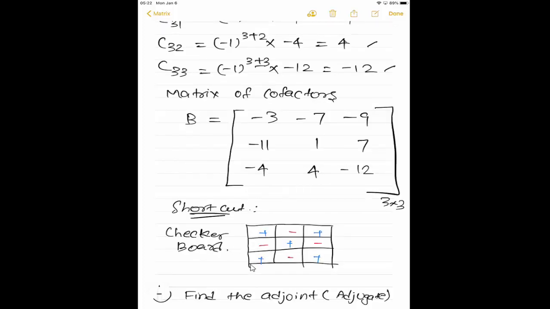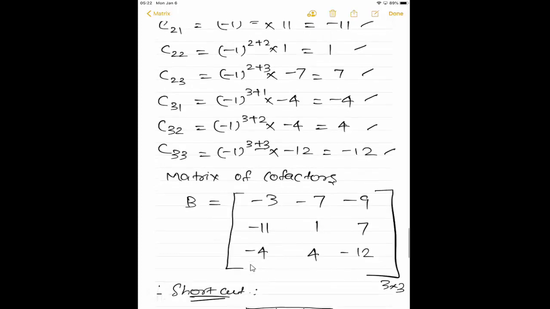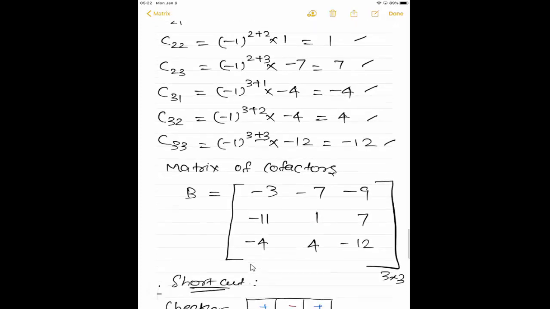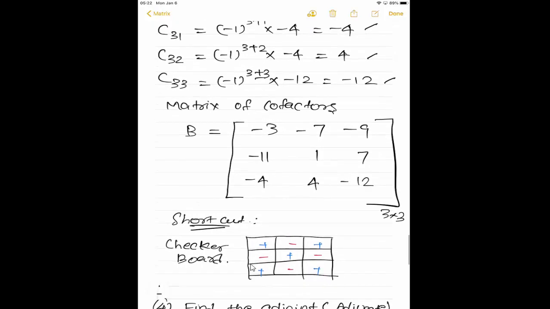It's a 3 cross 3 matrix. So this is how we have to calculate the matrix of cofactors, and there is a simple shortcut.